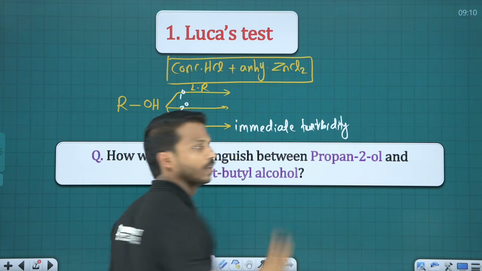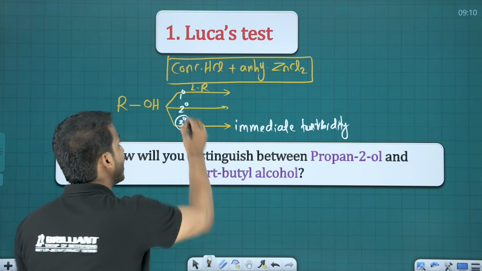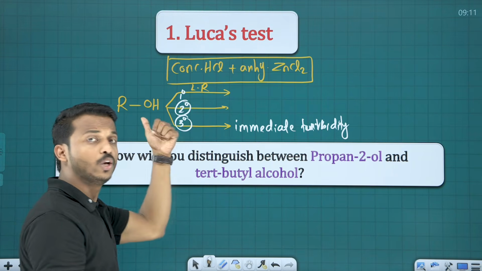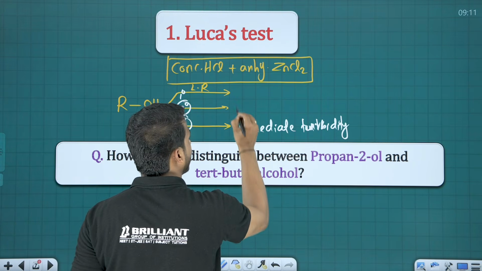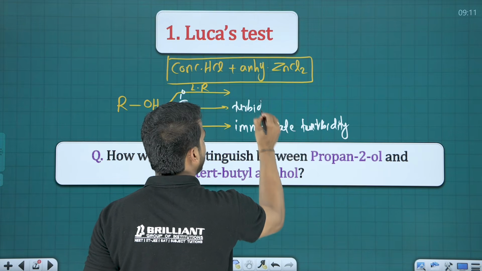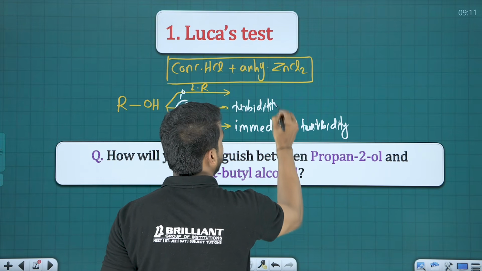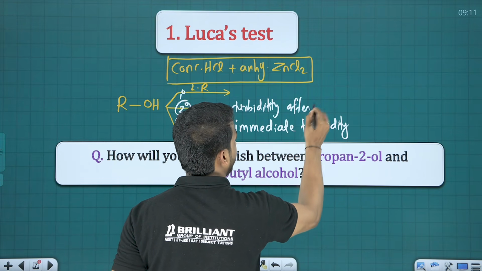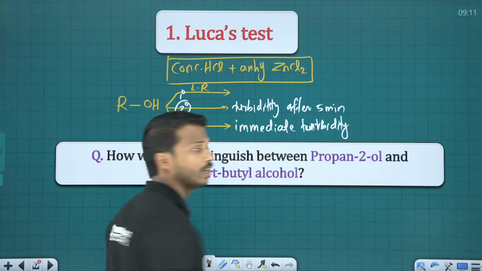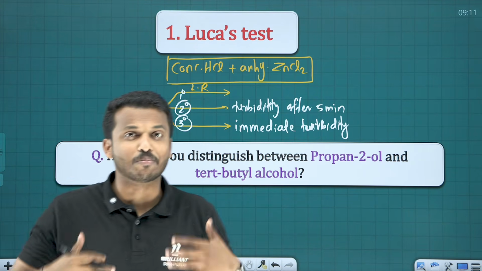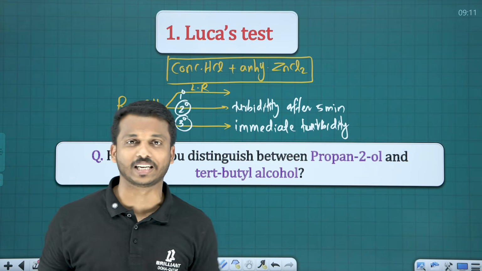Whereas a secondary alcohol, when it reacts with the Lucas reagent, gives turbidity after 5 minutes.